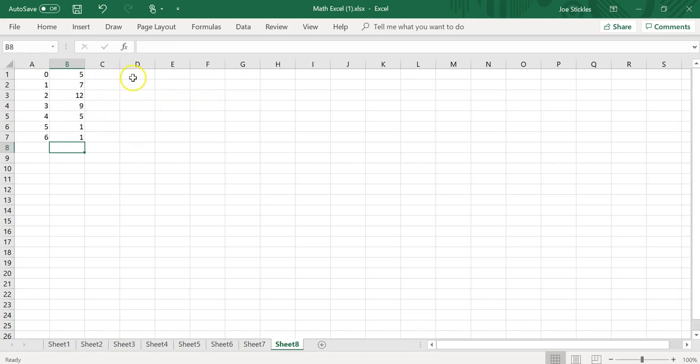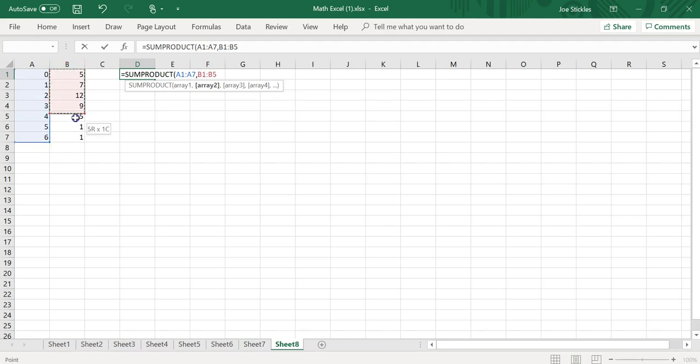I could do that, but there's also a SUMPRODUCT command in Excel where I can just multiply them all together. It basically does a dot product. For SUMPRODUCT, I want to take the ones in column A and multiply them by the ones in column B, and then divide by how many total observations there were, which is 40.